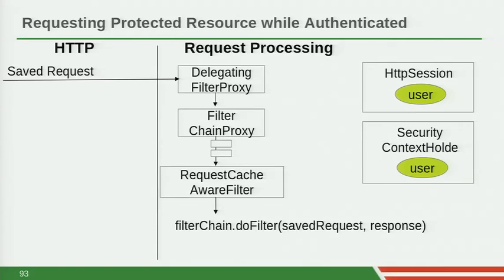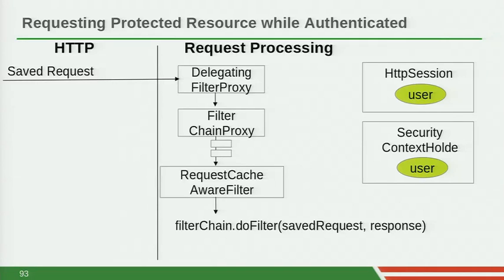And the request cache aware filter sees that there's a saved request in our request cache. Instead of invoking FilterChain.doFilter with the original request, it looks up the HttpServletRequest in the request cache and passes that to the FilterChain.